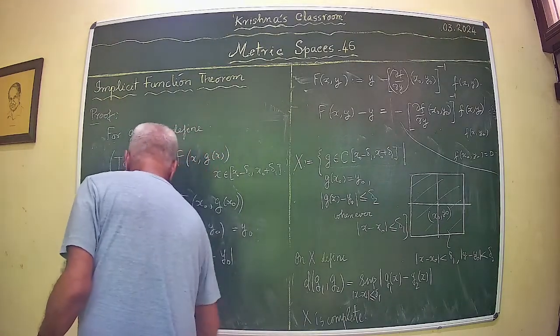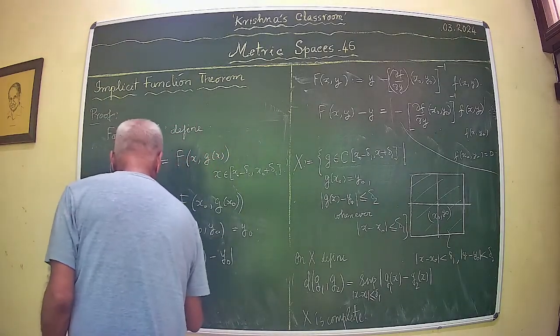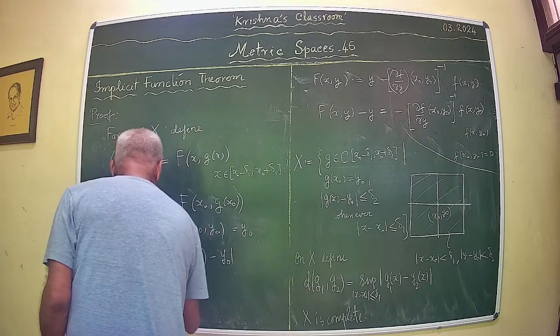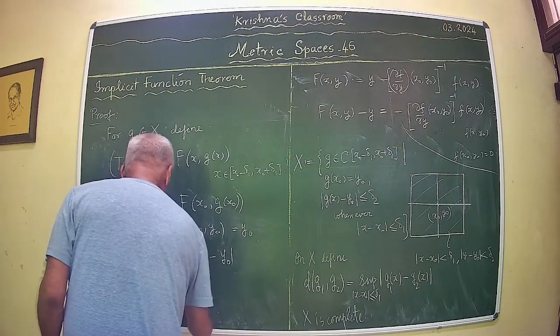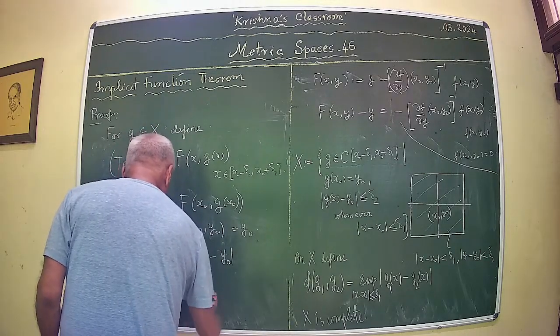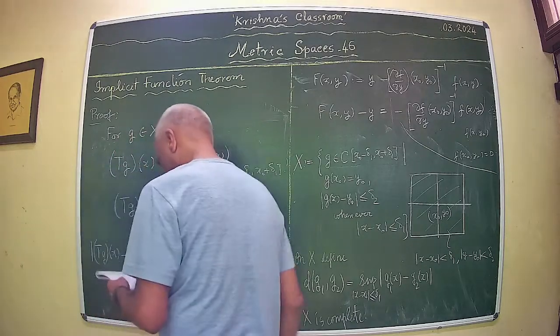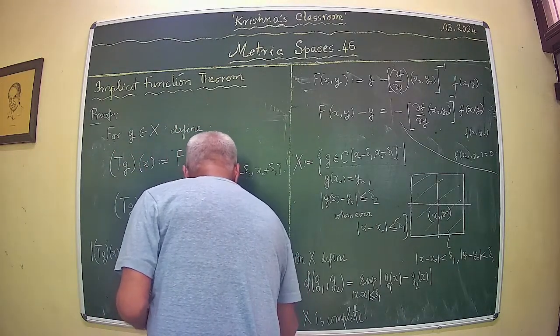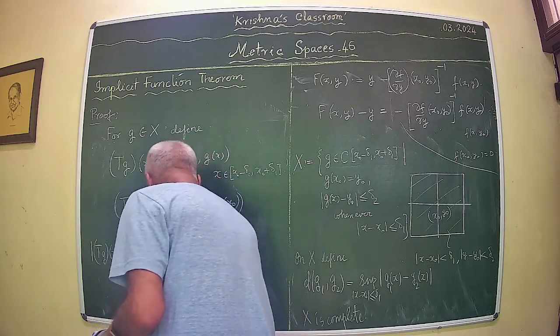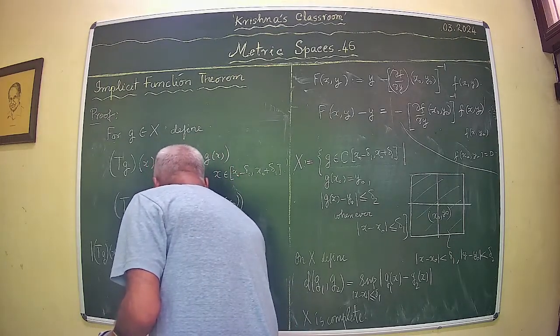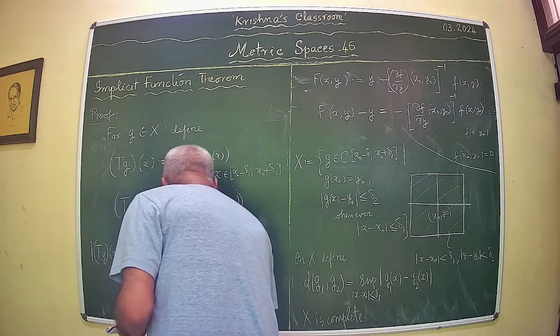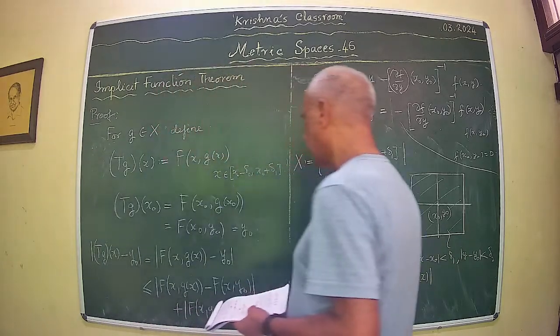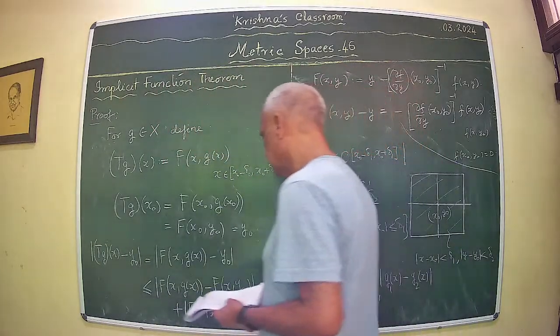Write one more. This is less than or equal to modulus of x gx minus f of x plus f of. You add and then subtract the f of x y naught to it and then estimate it.